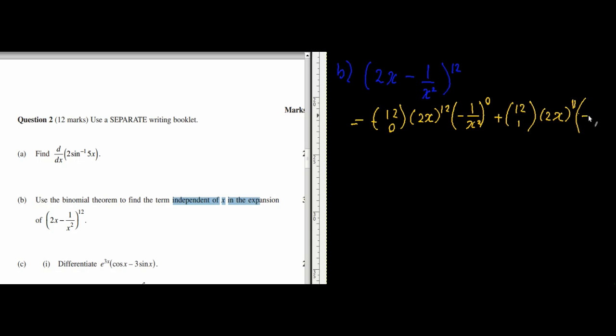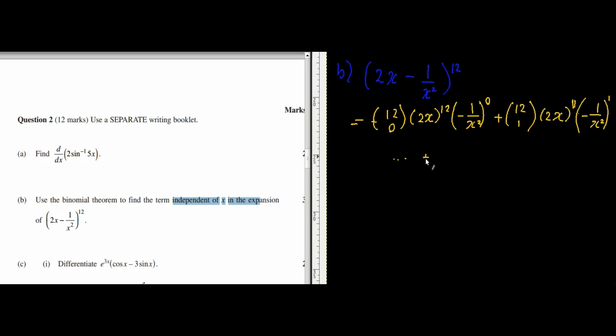Okay, I'm going to start writing out the first few terms. So it's equal to, the first term is going to be 12 choose 0, and then it's going to be 2x to the power of 12, and then I mean this doesn't really make a difference, but I'm going to write it anyway, minus 1 on x squared to the power of 0. Okay, the second term is going to be 12 choose 1, 2x to the power of 11, and then minus 1 on x squared, so this minus is really important, minus 1 on x squared to the power of 1, and so on.